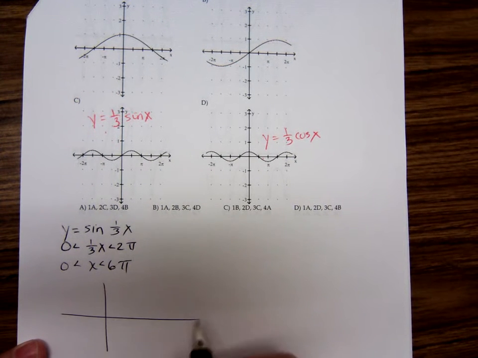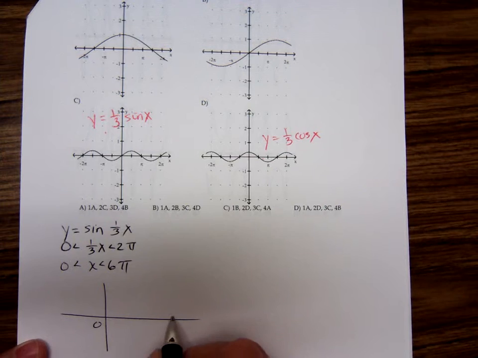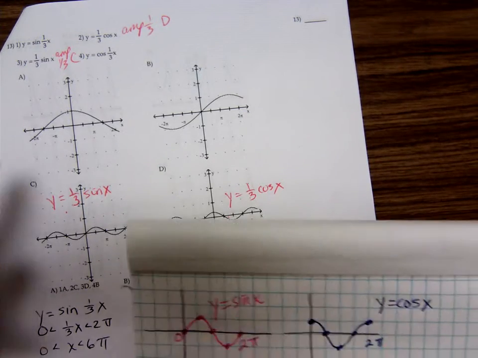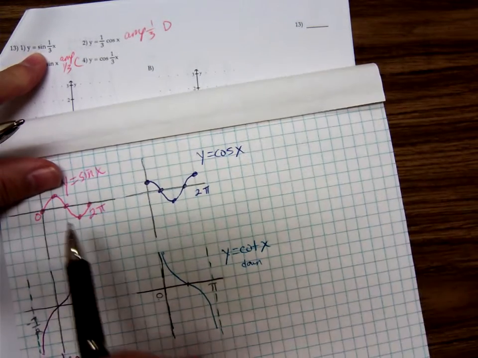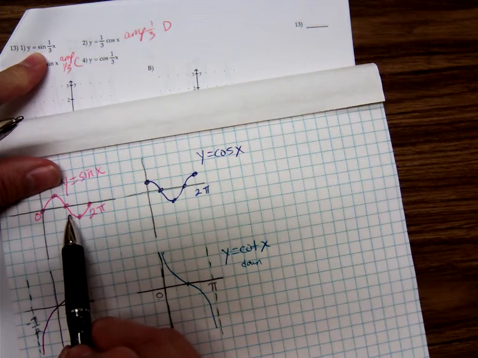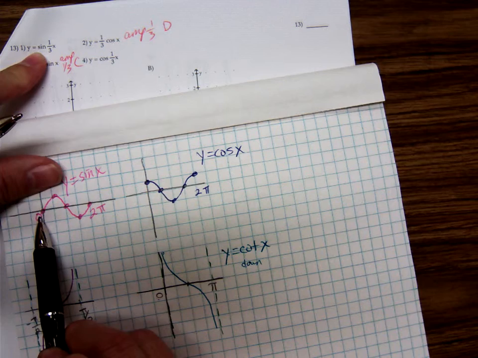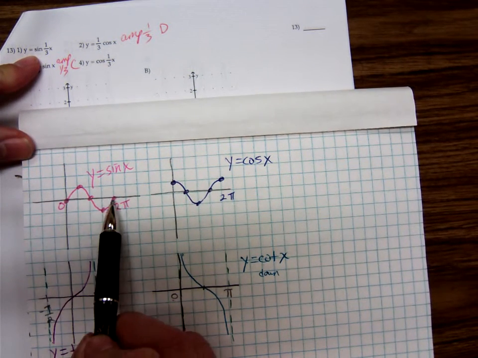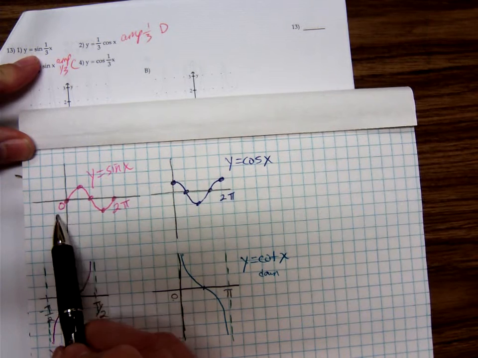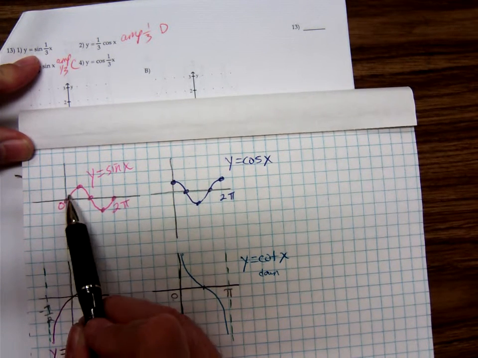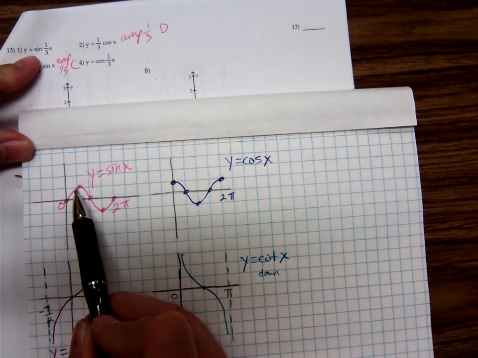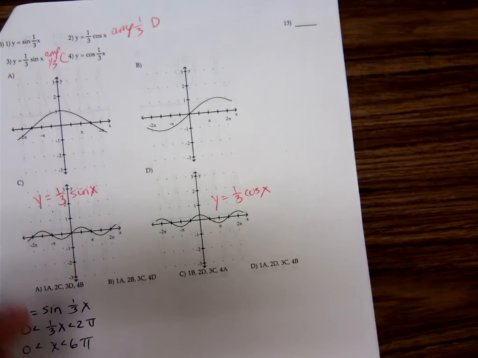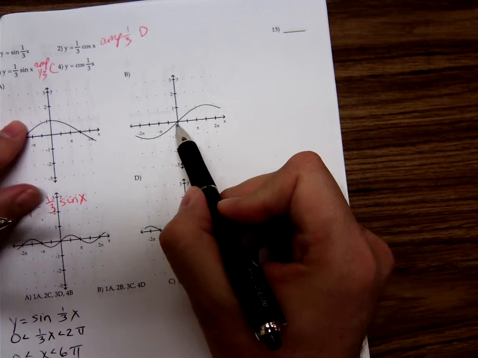So for y equals sine 1/3 x, it's this pattern, except instead of going 0 to 2 pi, it's 0 to 6 pi. So which one of those looks like it's passing through the origin just like this? Well, it's going to be this one here.